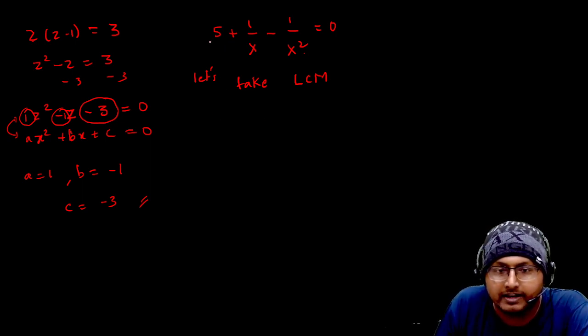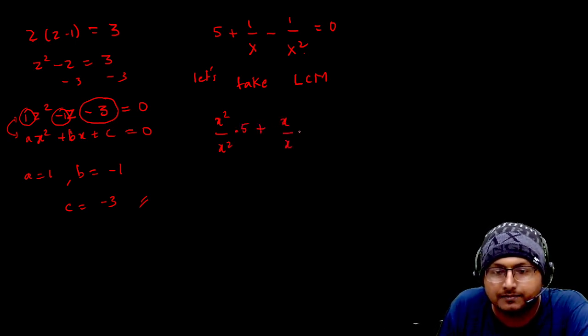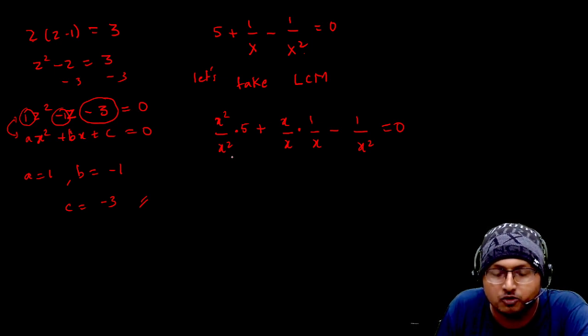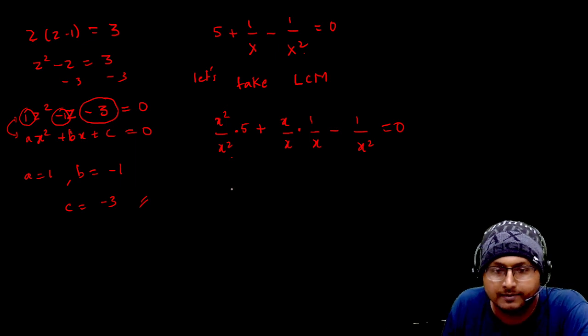Here x square is the LCM, so divide x square and x square into 5 plus here x by x into 1 by x minus 1 by x square equal to 0. That is LCM. To get the numerator as x square, you have to divide x square and x square, x and x. Okay.